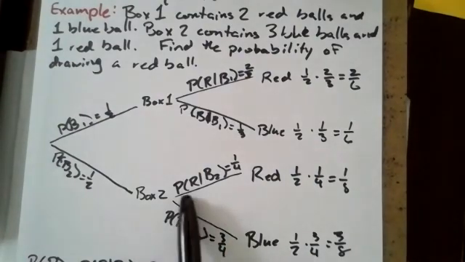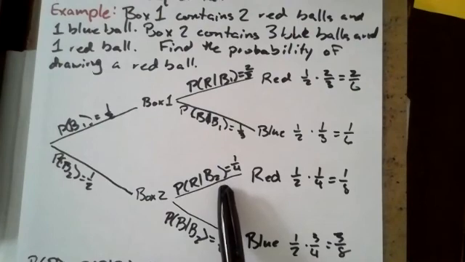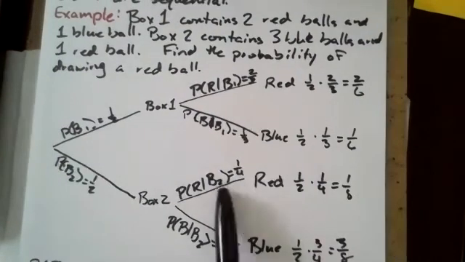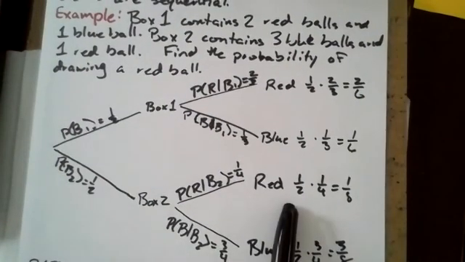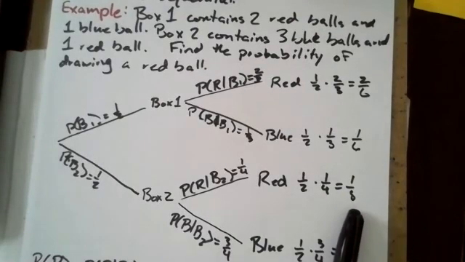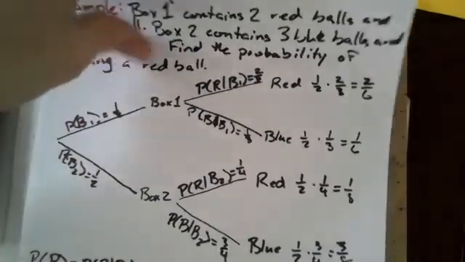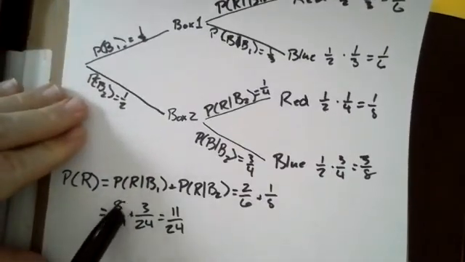The probability of getting a red ball from box 2, there's only 1 red ball out of 4 balls in box 2, so that's 1/2 times 1/4, which is 1/8. The probability of getting a blue ball out of box 2 is 3/4, so the probability overall is 1/2 times 3/4, which is 3/8.